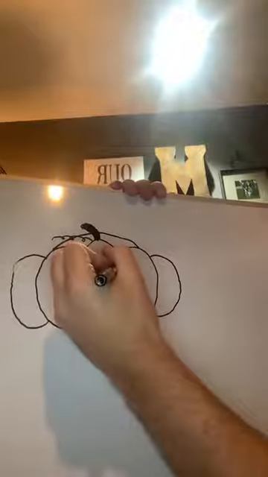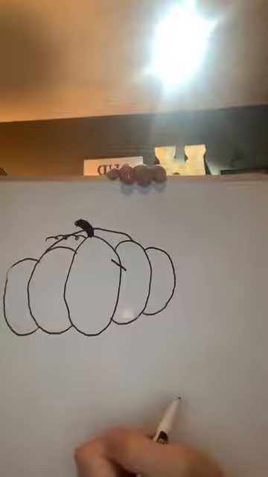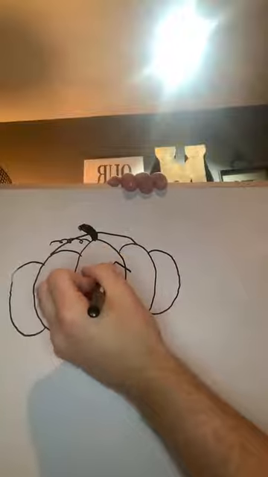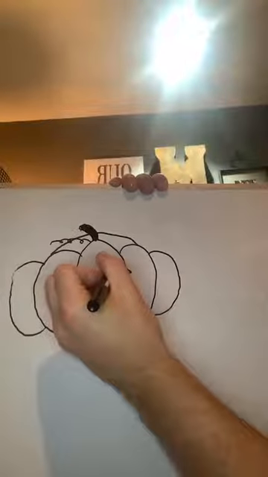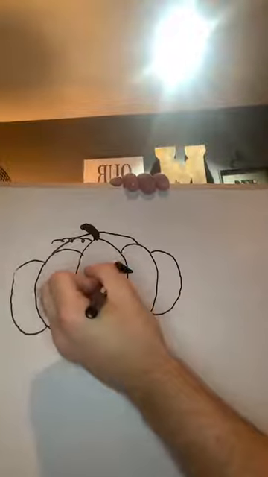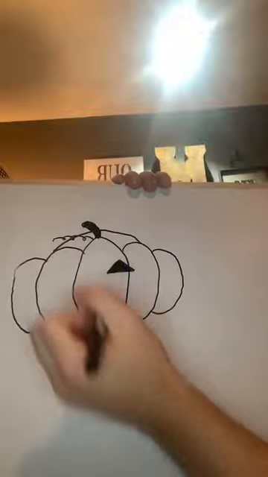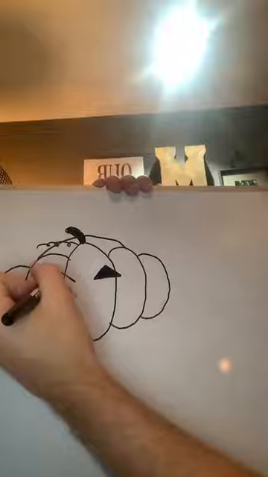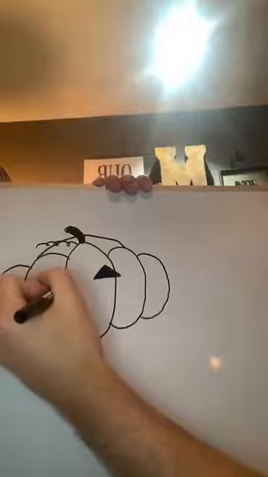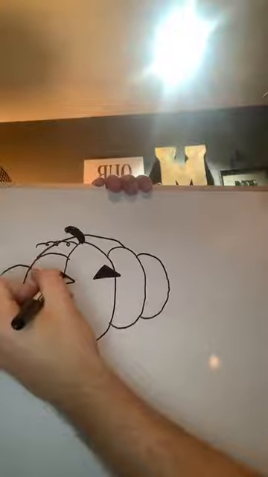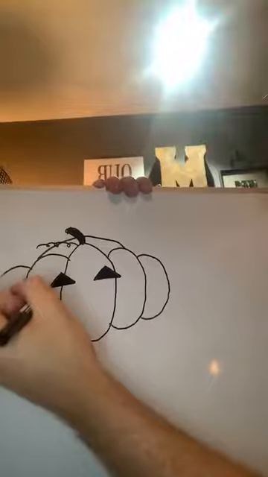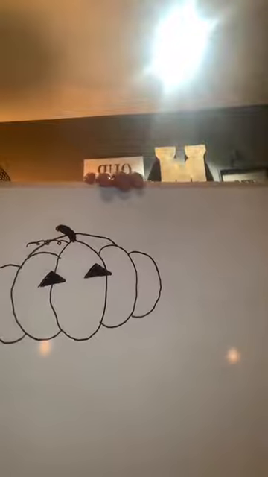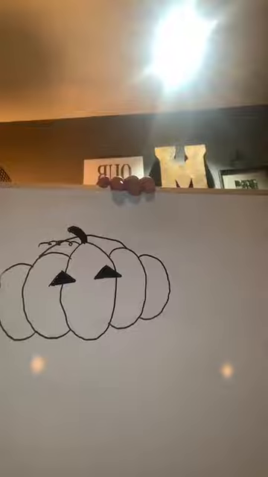And now the important part, you're going to want to draw a triangle like that, with a wide base. And then fill it in, like that. Then you're going to want to go to the other side and do the exact same thing with another triangle. Fill that in, perfect. And then for this part, you can really do anything you want, honestly.